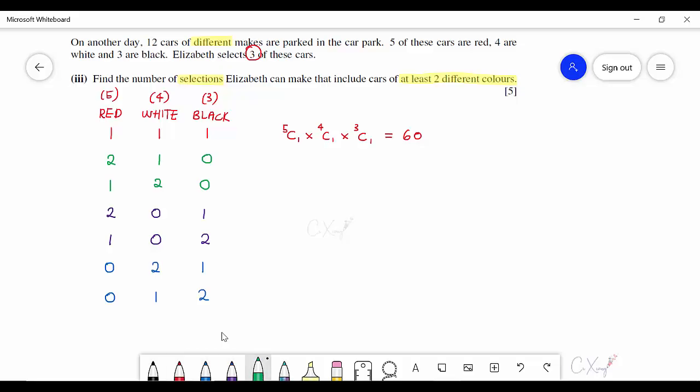For the second case, it's the same: 5C2, because originally you have 5 red cars and you want to choose 2 of them, multiplied by 4C1, multiplied by 3C0. For this, you will have 40. Then 5C1 multiplied by 4C2 multiplied by 3C0. Again, for this case, you will have 30.